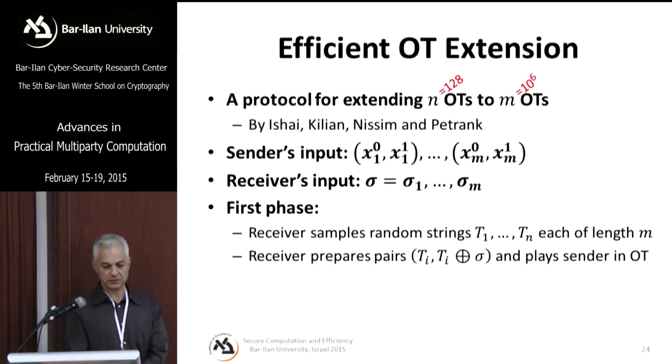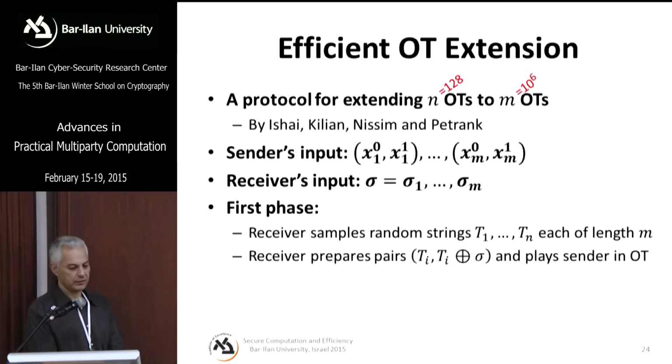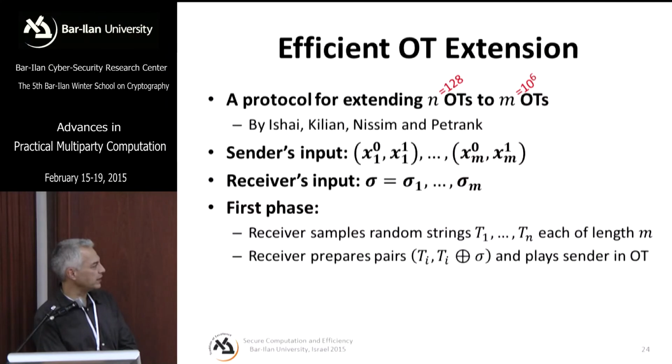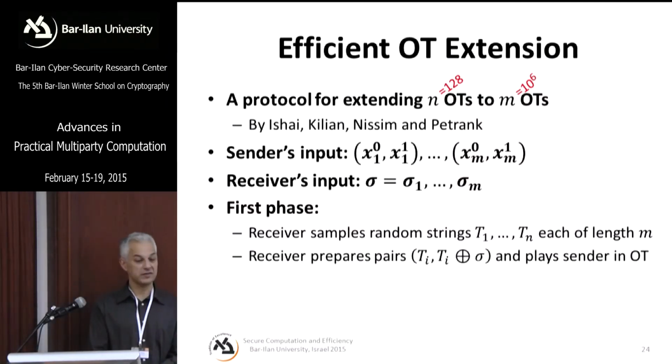Now for each of these strings, it prepares a pair which contains either the string Ti or Ti XORed with sigma. Sigma is the million choices of the receiver in the oblivious transfer. So it prepares a pair containing these two options, and it plays the sender in oblivious transfer.